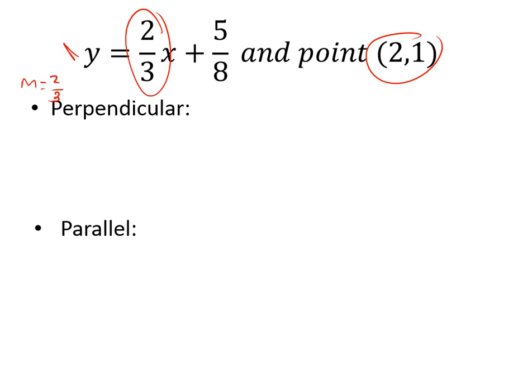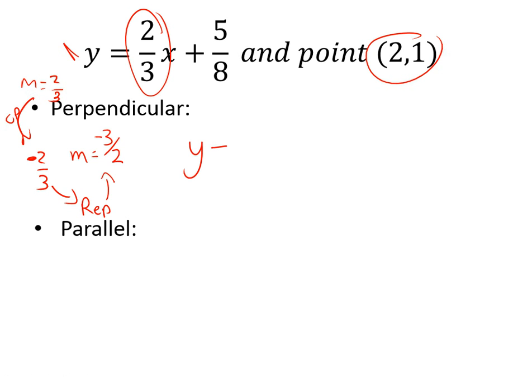Now if I want to find the perpendicular, as I said previously, the perpendicular is the opposite, which would be negative 2/3, and then the reciprocal, which will put us at negative 3/2. So there's your new slope. Now if I wanted to go through this point, I can use point slope form. It'll be easiest, quickest.